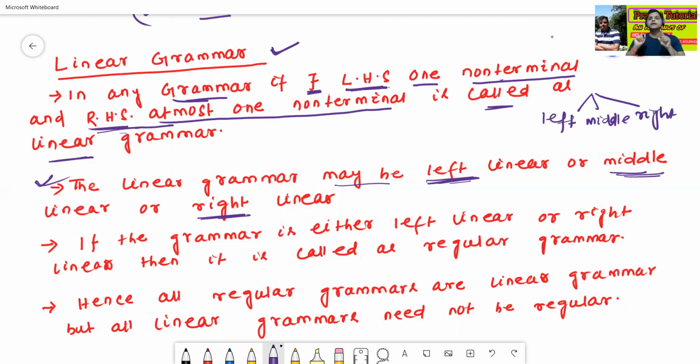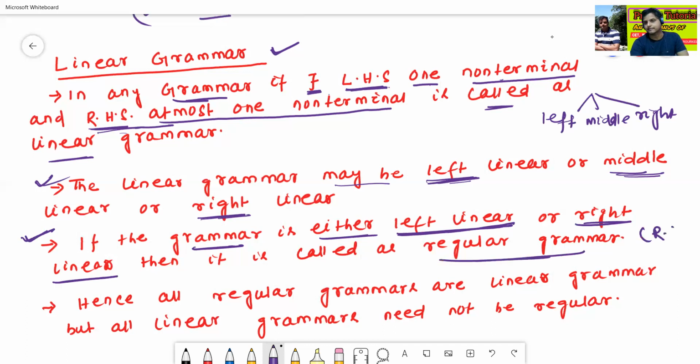Every linear grammar is of three types. It may be left linear grammar, middle linear grammar, or right linear grammar. The third point is, if the grammar is either left linear or right linear, then it is called regular grammar, means RG.